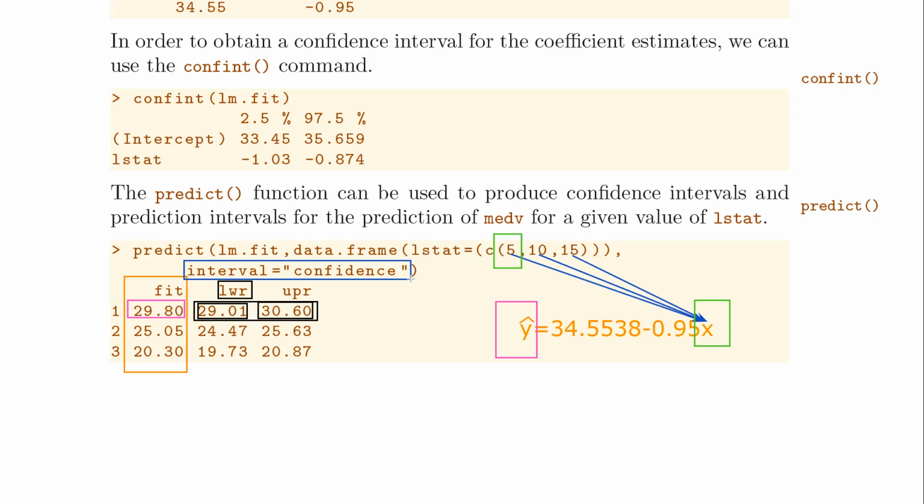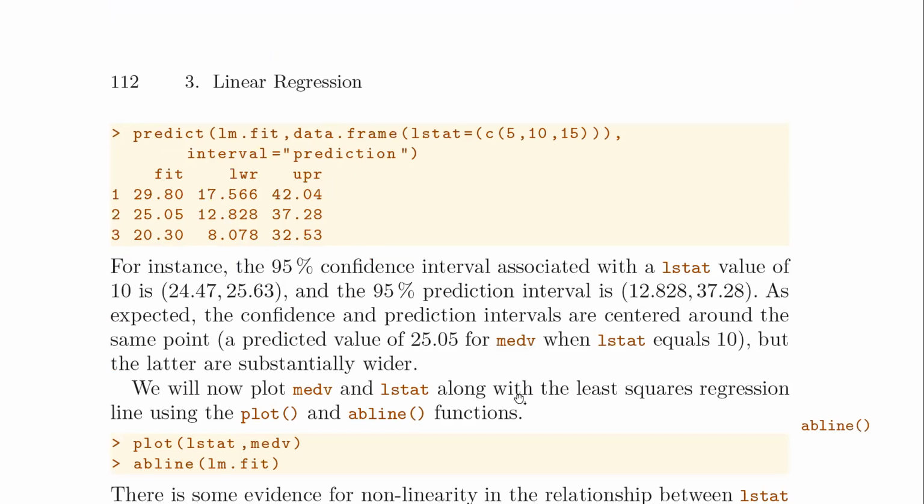You never know the true beta. Even if you knew it, you wouldn't know that you know it. If you tell R prediction, you get the same expected outputs. 5, 10, 15 should give you 29, 25, 20.